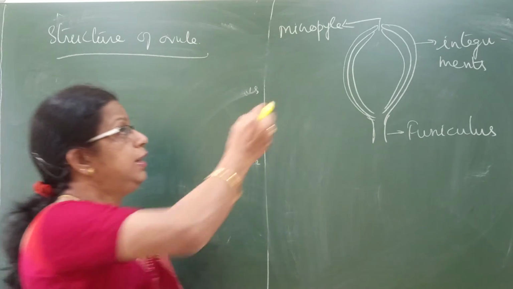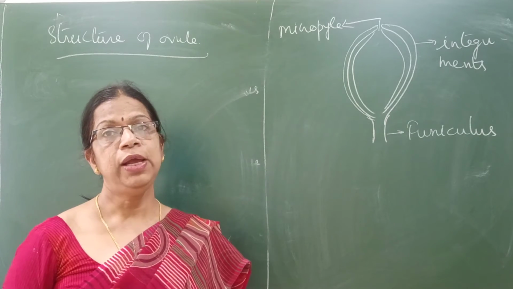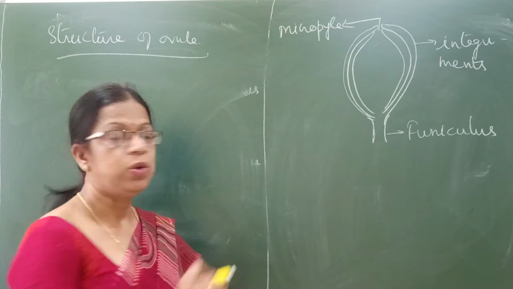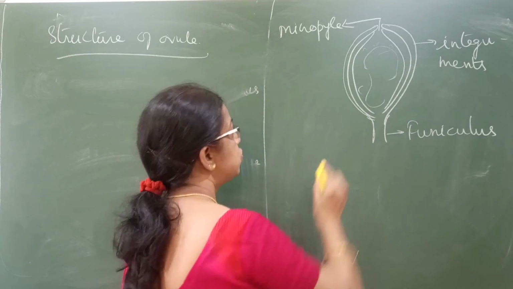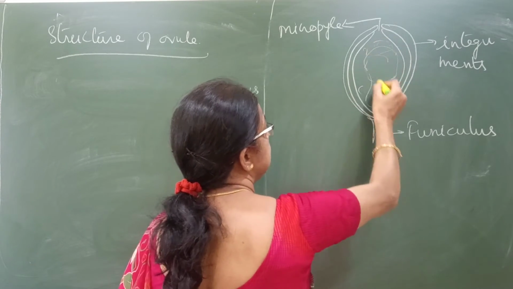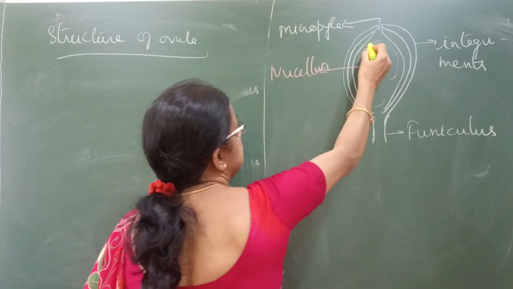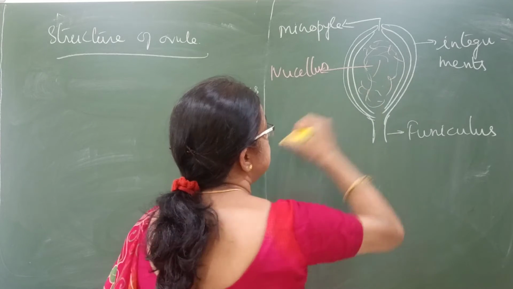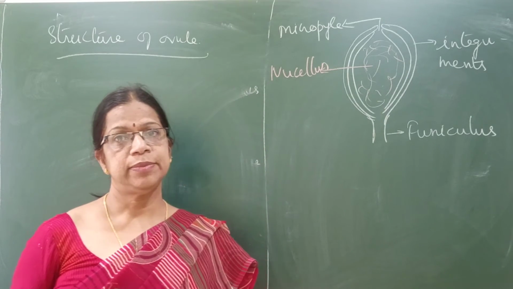Now, the entire inner space of the ovule consists of the nutritive tissue. This entire inner space which is present is called a nucellus. This is the nutritive tissue called nucellus.